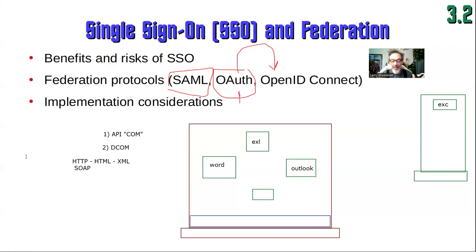I don't know if they are or not, but the problem is people don't like to develop in XML. Can I use Python? Well, what's the client using? Python? Oh, well, why don't we open it up? So SOAP is XML only.